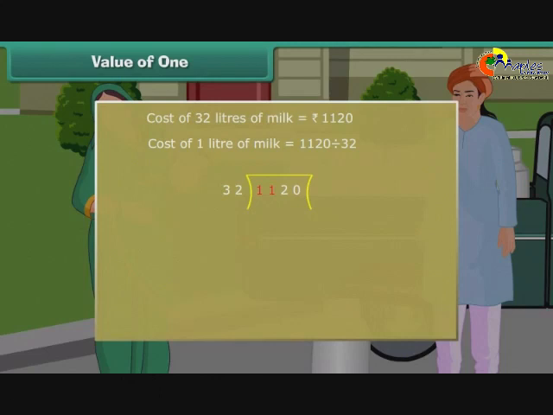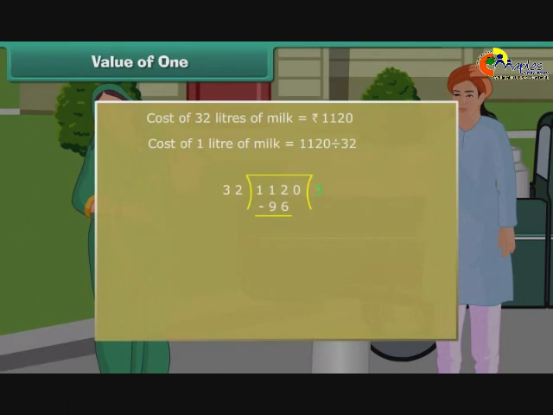Now consider the first three digits together, 112. 112 is big enough to hold 3 times 32, that is 96. Therefore, write 3 on the right side and 96 beneath 112.